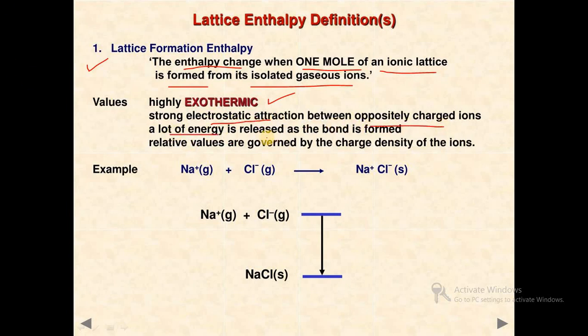A lot of energy is released as the bond is formed, and relative values are governed by the charge density of the ions. So here Na plus is a strong cation and Cl minus is an anion; when they combine there is a strong attraction between Na plus and Cl minus. When they combine with each other, a large amount of energy is released and we get ionic solid NaCl, and that released energy is the lattice energy.